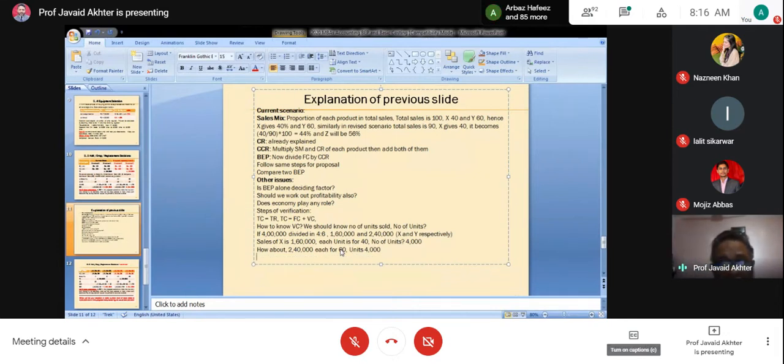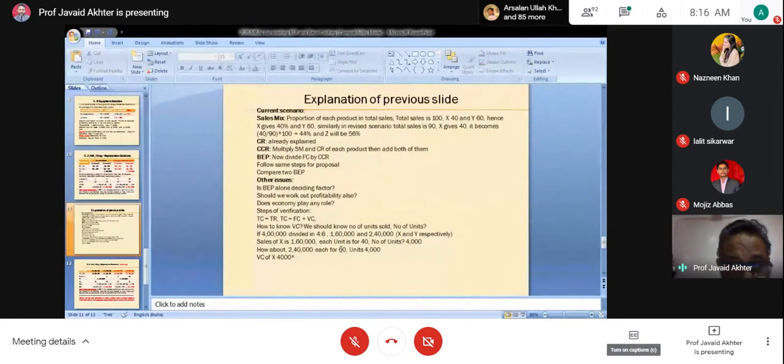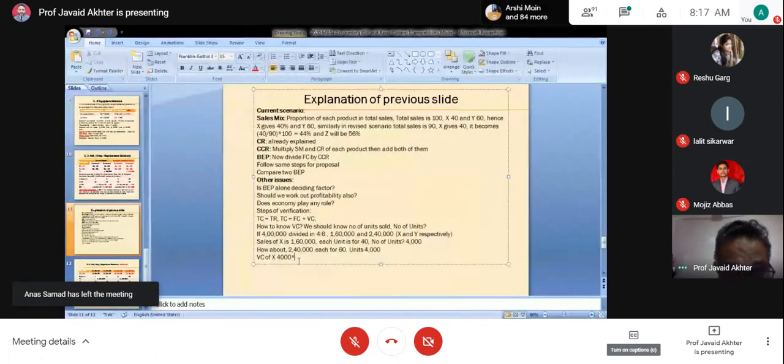So variable cost can be calculated. What will be variable cost of X? 4,000 into how much? What is the variable cost of X? 30. 4,000 into 30.